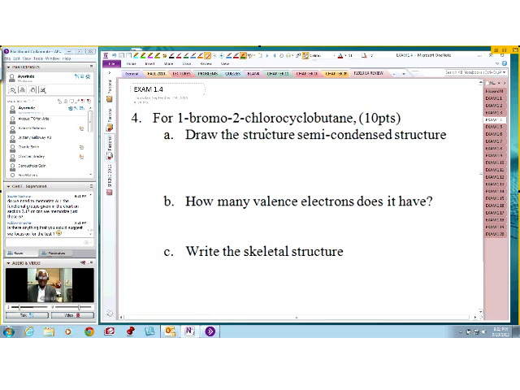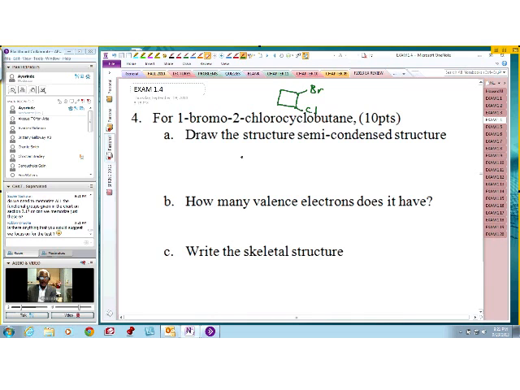How many valence electrons in this particular instance here? Draw the structure and semi-condensed structure for 1-bromo-2-chlorocyclobutane. Let us see what that looks like. That is this here: 1-bromo, 2-chloro.